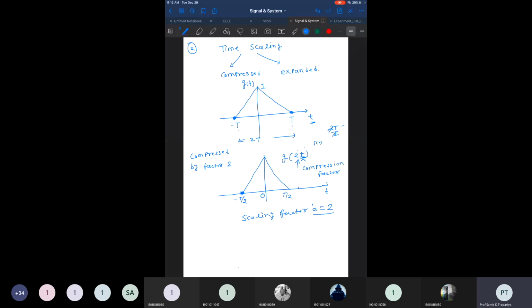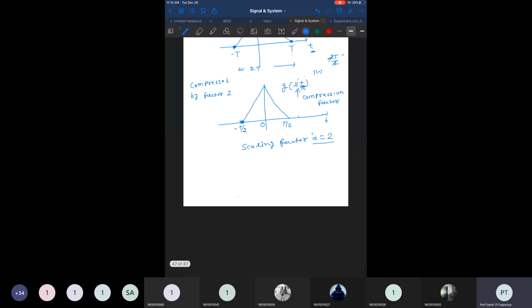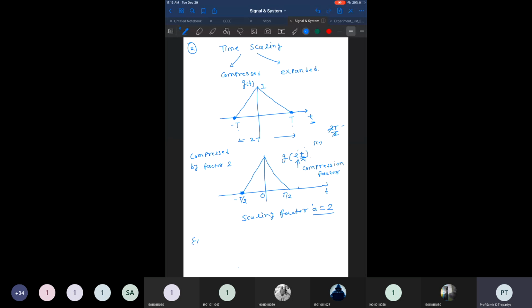Now if I expand the signal by factor 2, then the value earlier available at minus t is now available at minus 2t. The 0 value remains 0, but the value of t is multiplied by 2, so the signal expands from minus 2t to plus 2t.